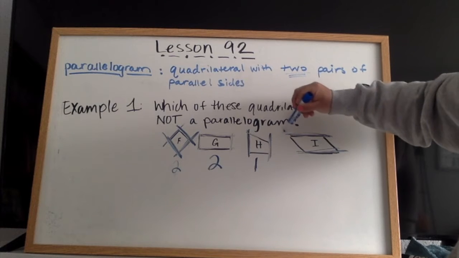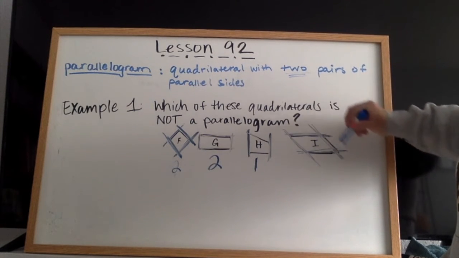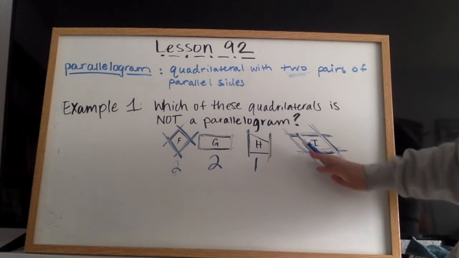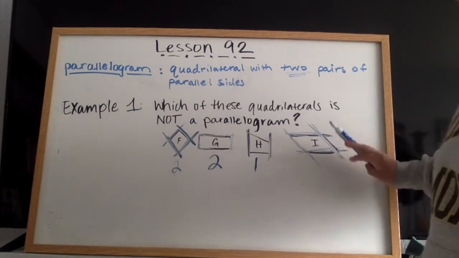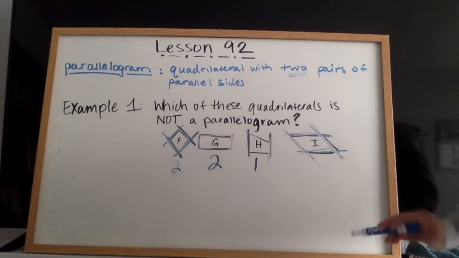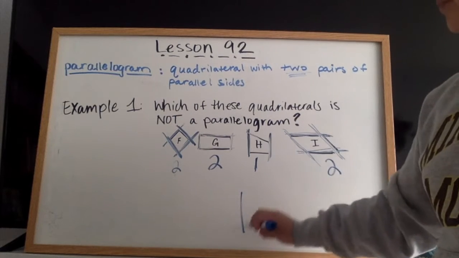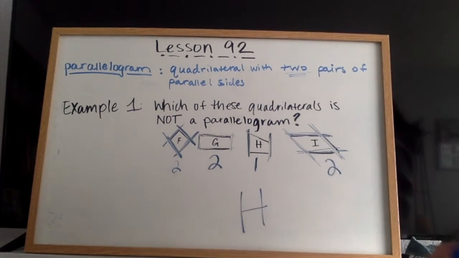And this one's at an angle, but this one's at the same exact angle. So they're both going to keep going. They will never touch either. Okay? So the only one that's not a parallelogram would be H.